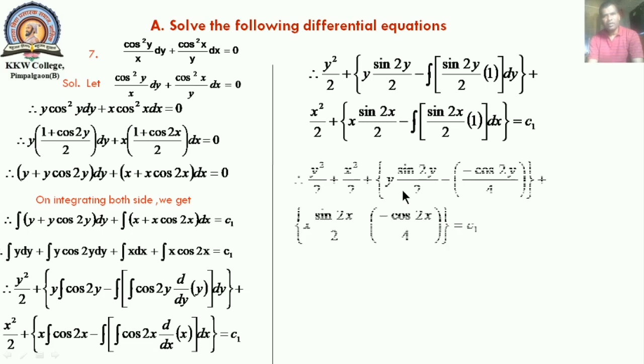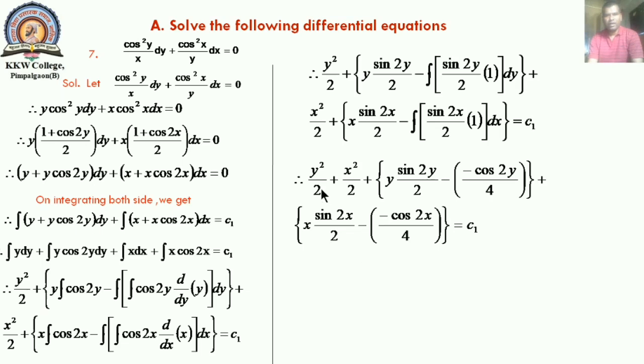Therefore, we get y square upon 2 plus x square upon 2 plus y sin 2y upon 2 minus integration of sin 2y upon 2. Integration of sin 2y is minus cos 2y upon 2, therefore integration of sin 2y upon 2 is minus cos 2y upon 4. Similarly, integration of sin 2x upon 2 is minus cos 2x upon 4.